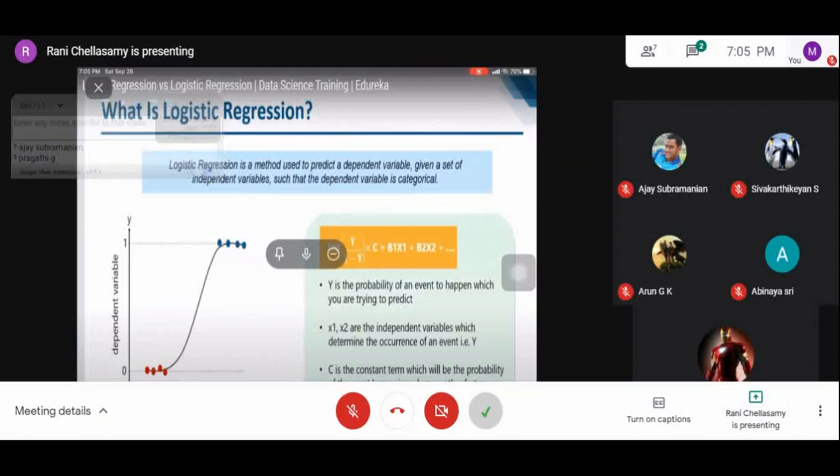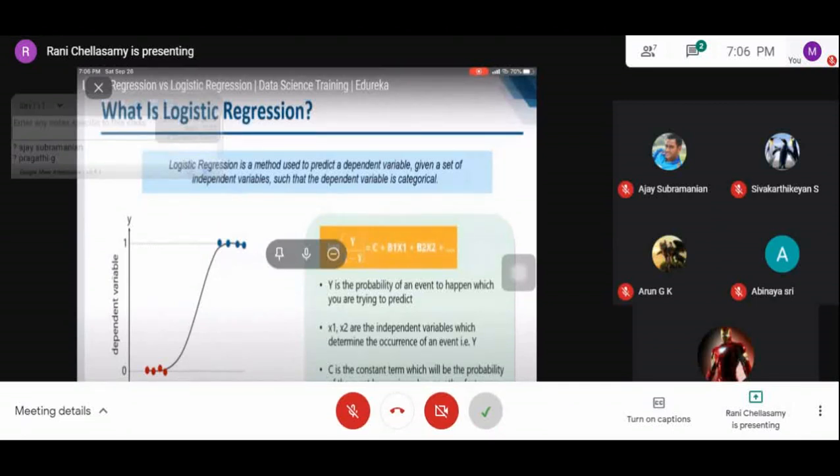So why do we have this curve from 0 to 1? Why is it not a straight line at 0 and a straight line at 1? This is because the output values between 0 and 1 in logistic regression represent a probability.